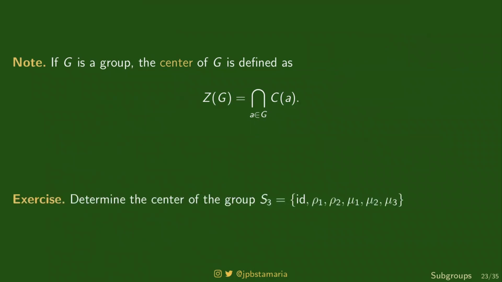Now, as an exercise, kinuha ko yung centralizer kanina nung row 1 tsaka nung mu 1. Am I correct? Yun ba yung kinuha ko kanina? Row 1 at mu 1. So, on your seats, kunin yung centralizer ng natitirang elements. Apat lang naman yun.